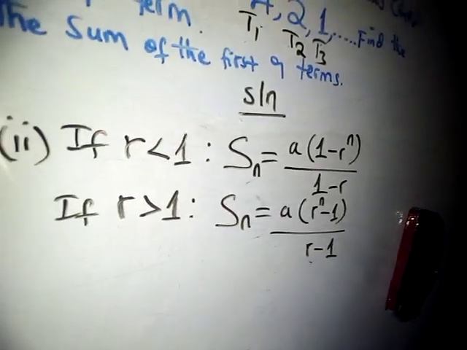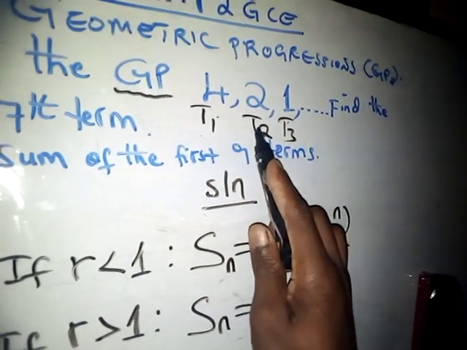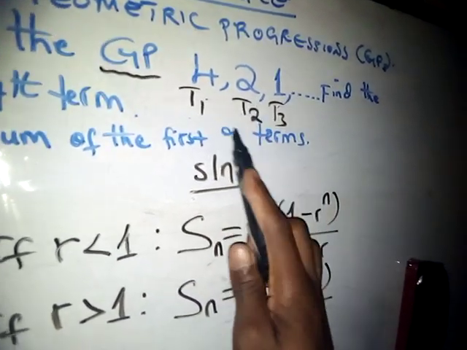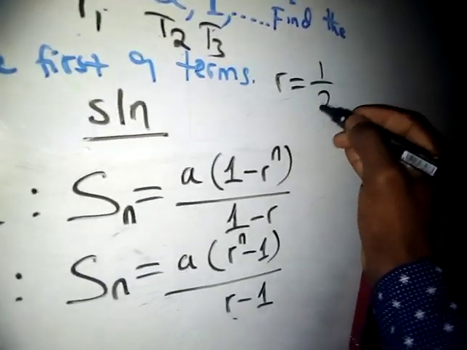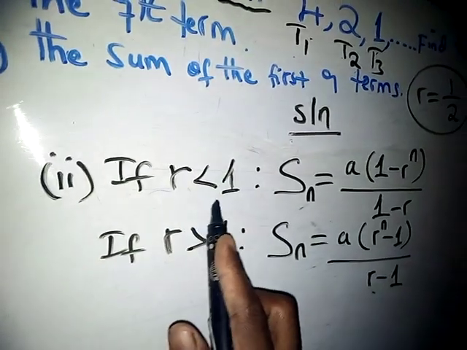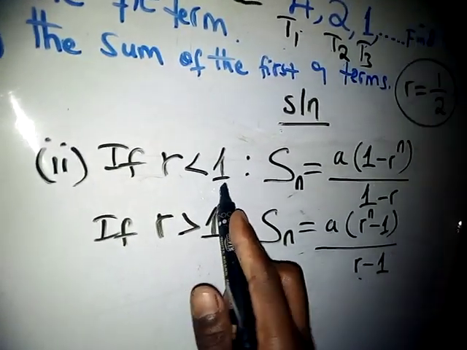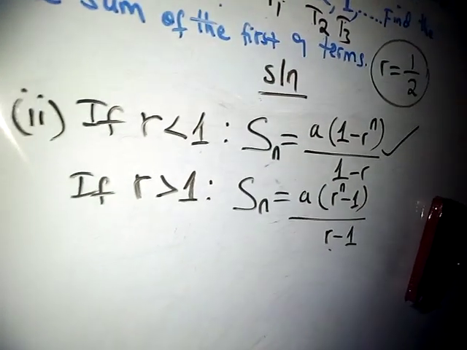So in the case of our question here, we see that the common ratio is T2 over T1, which gave us R as being equal to 1/2. And we see that 1/2 is actually less than 1, and so the formula to use is this formula here.